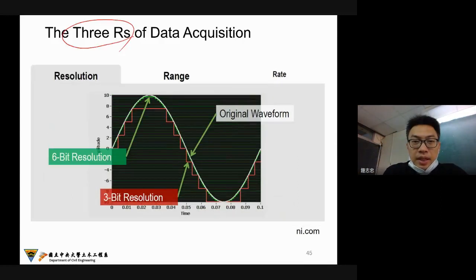So at the end of last week, we were talking about the resolution, because right now we are not talking about the time domain or frequency. We are trying to quantify the amplitude.